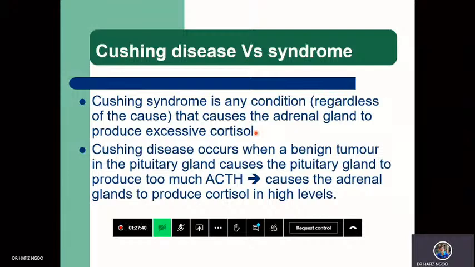So it's regardless of any condition, either due to increased ACTH or a tumor or anything that can increase cortisol, or an external source of cortisol. That means people who are taking dexamethasone as a supplement or something can have excessive cortisol level. So this is known as Cushing syndrome.